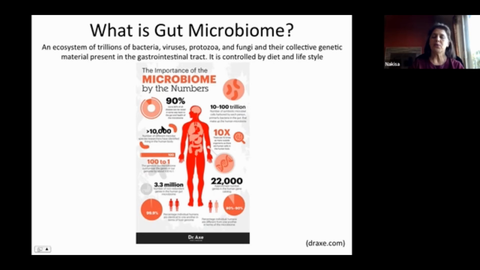Not only is it important that you have this huge amount of microbes, it's also very important for the health of the body that you have diversity. As you can see here, you have over 10,000 different microbial species in the body.